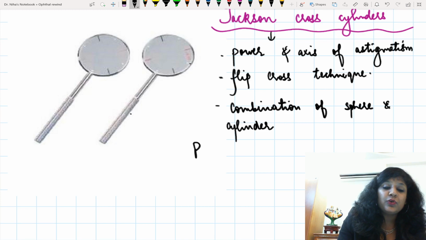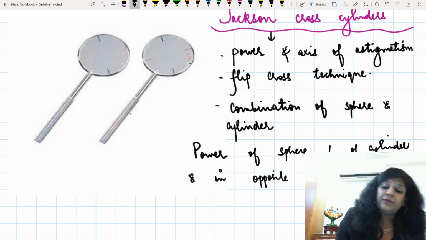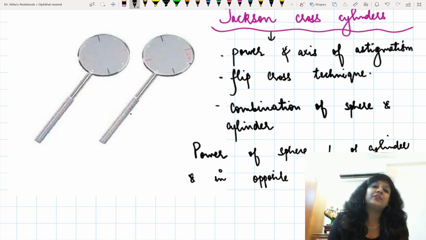And if you look at the power, the power of the sphere is half of the cylinder and of opposite sign. So the power of the cylinder should be double the power of the sphere, or I can say the power of the sphere should be half the power of the cylinder with the opposite sign.